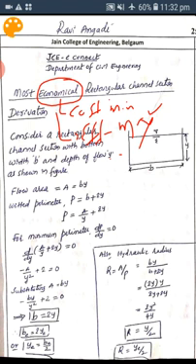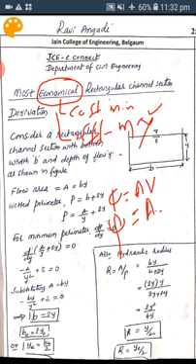As we know, Q equals A into V, where Q is the discharge, A is the area of the channel section, and V is given by Chezy's velocity equation, C root of RS.